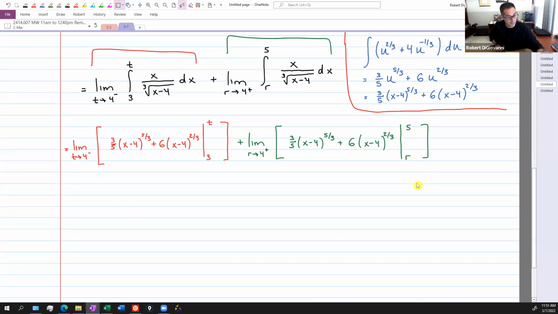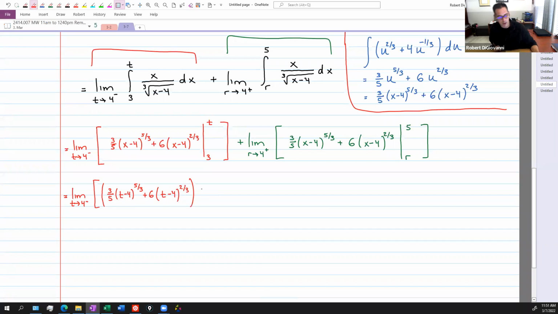All right, here we go. Let's now evaluate each of these. This is where I think I'm going to start to run out of space. Let's plug in t first. When I plug in t, I get 3/5 (t minus 4) to the 5/3 plus 6 (t minus 4) to the 2/3.